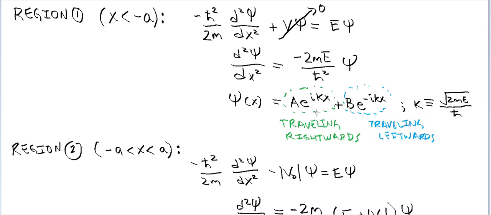And so I'm going to keep both of these terms, and what I'm going to assume is that the wave is heading rightwards, heading from minus infinity towards plus infinity.